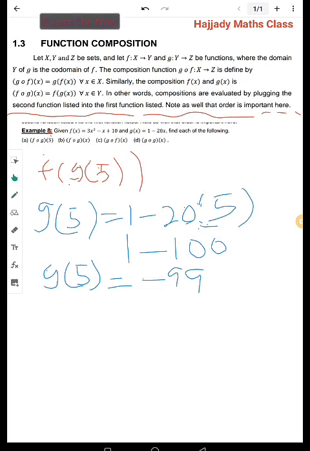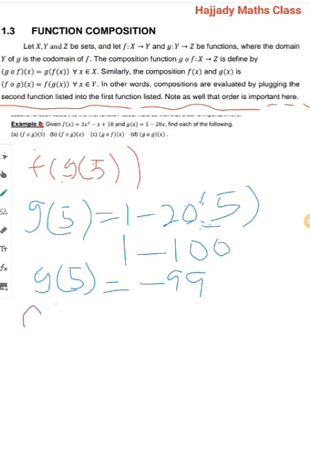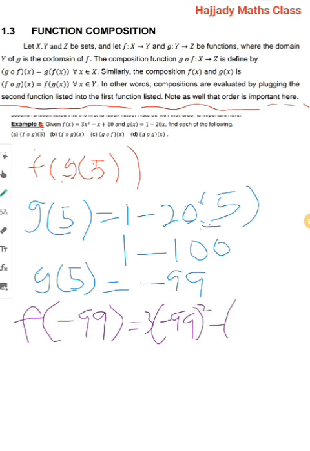The g of 5 equals minus 99. So f of minus 99: minus 99 replaces the g of 5. Don't forget that this is our f of x, which is 3x squared minus x plus 10. So where we have x here, minus 99 replaces the value. Here we have 3 into bracket minus 99 all squared, minus into bracket minus 99, plus 10.